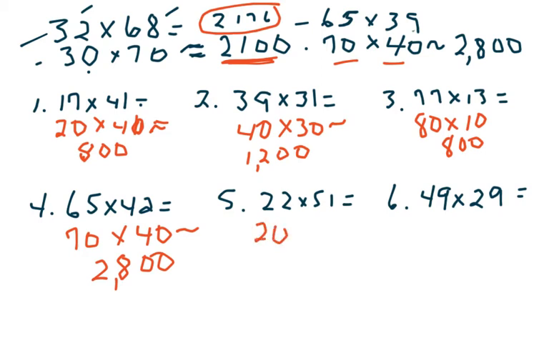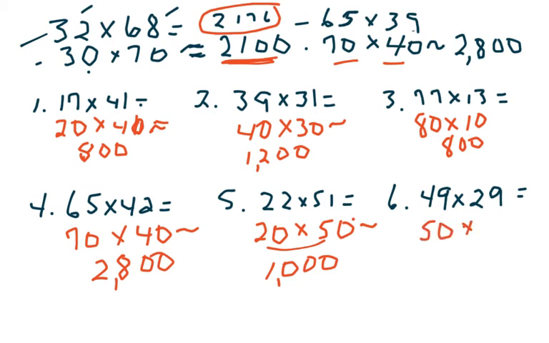22 is close to 20, not 30. 51, 50 or 60. It's closest to 50. So an estimate would be 5 times 2, 10, and it's 100. 10 times 10. So a good estimate would be 1,000 there. Okay, 49 rounds to 40 or 50.